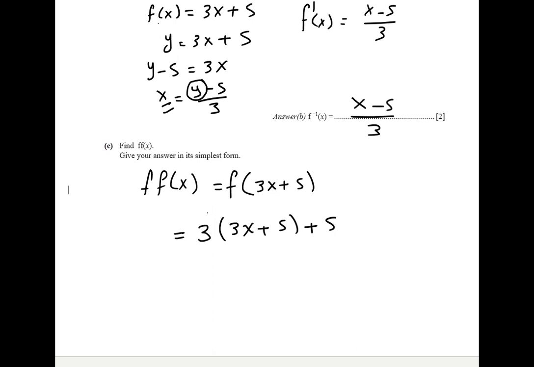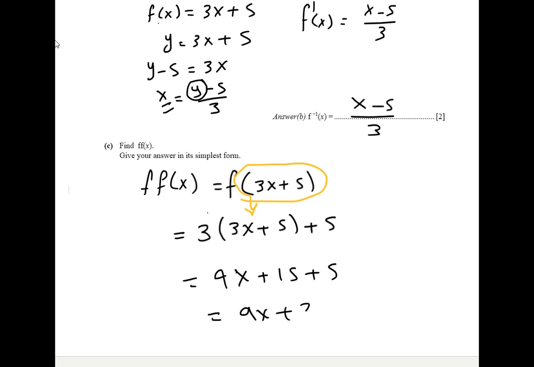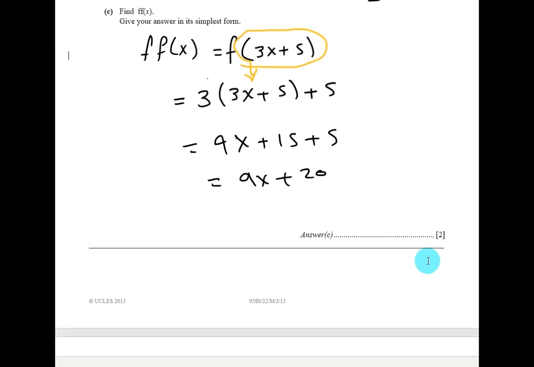So we use all of this part as x. Okay, so it will be 9x plus 15 plus 5, so it will be 9x plus 20. The final answer will be 9x plus 20.